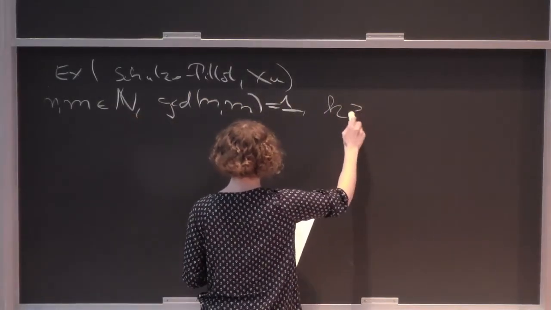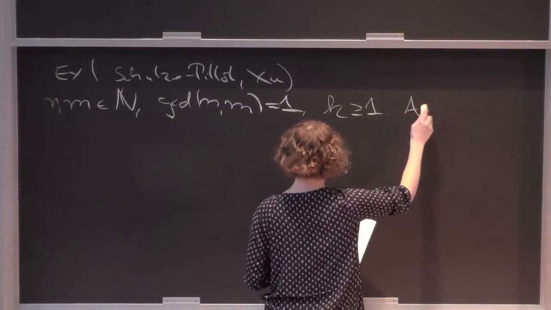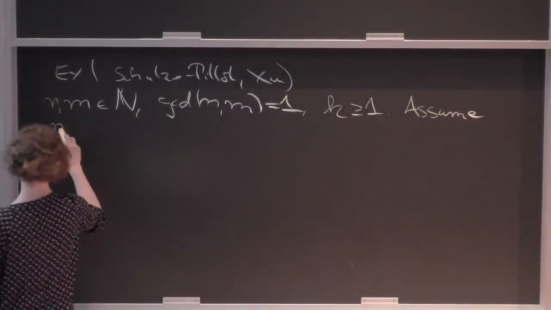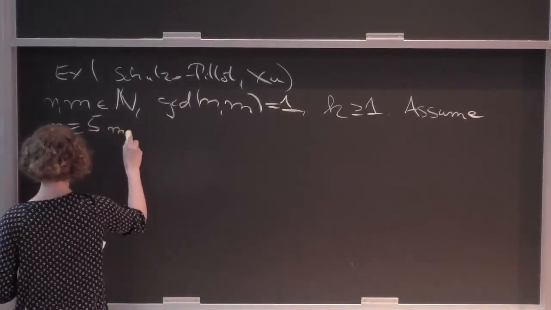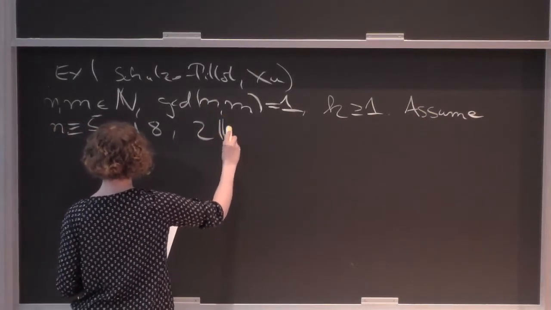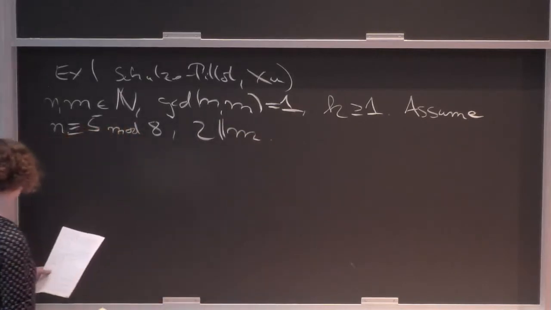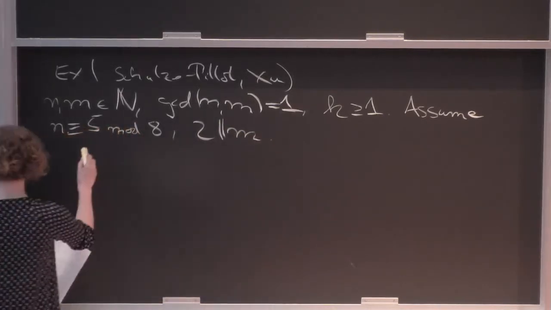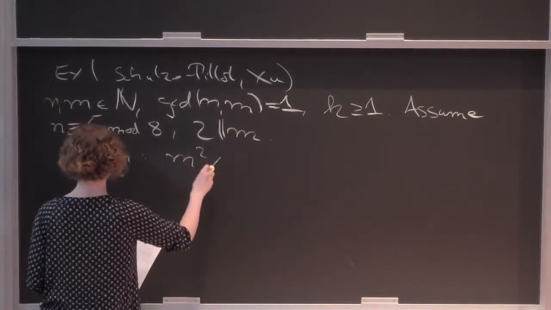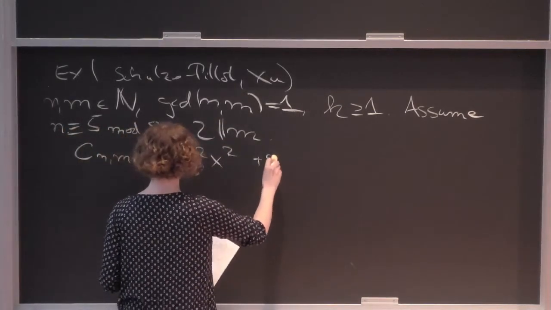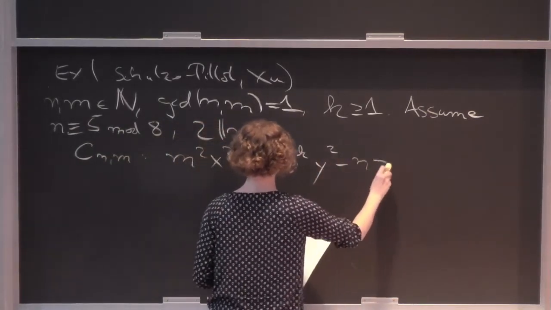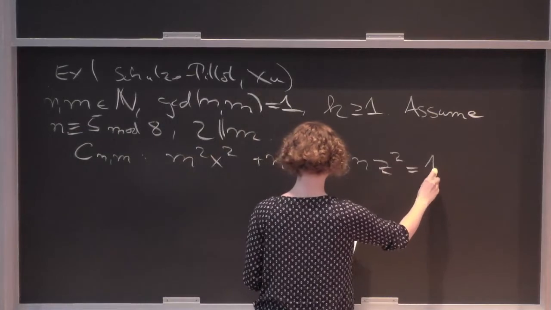Say k is a natural number, at least 1, and assume that n is congruent to 5 modulo 8, and that 2 divides m but 4 does not divide m, so 2 exactly divides m. Then you can consider the quadratic equation C_{n,m} given by m squared x squared plus n to the power 2k y squared minus n z squared is equal to 1.